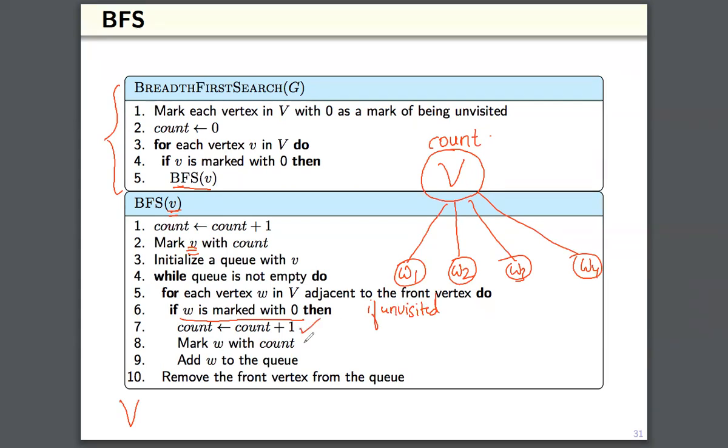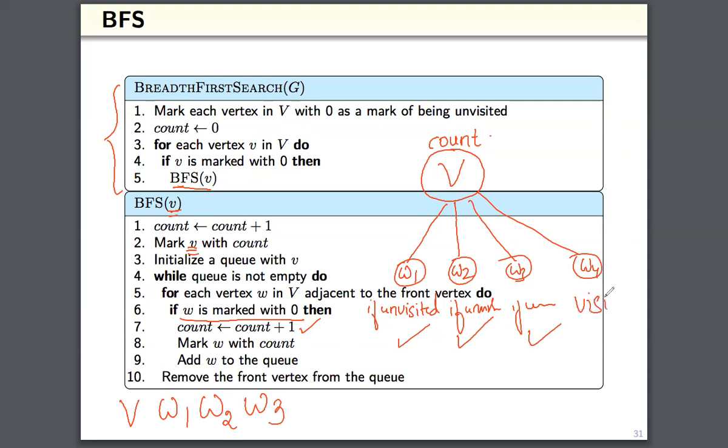Increment the count, mark this child node with the count, and add it to the queue. Again, if this is unvisited, increment the count, mark this, and add that node to the queue. If this is unvisited, increment the count, mark this node with the count, and add this to the queue.